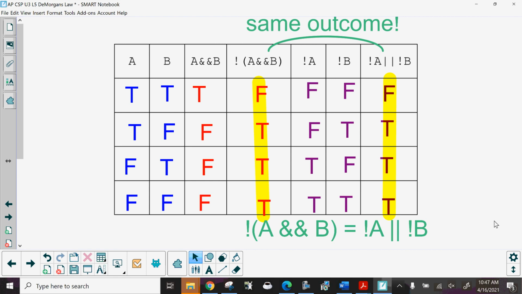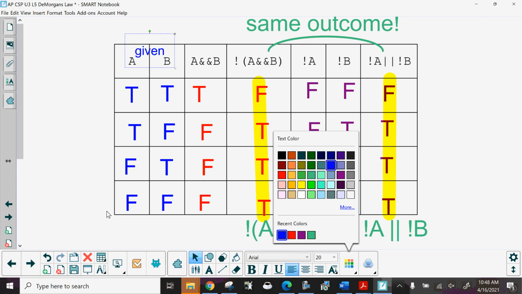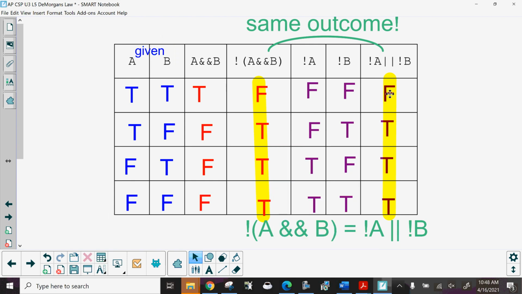So again, the blue A and B right here are given. As a matter of fact, I'm going to put this right here in blue, just so that you know: what's in blue is given. And then the rest of the truth table is what you fill out. If you need to, pause the video and prove to yourself that each one of those is true or false as I have it listed here.